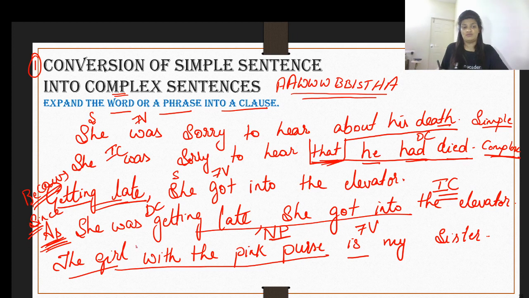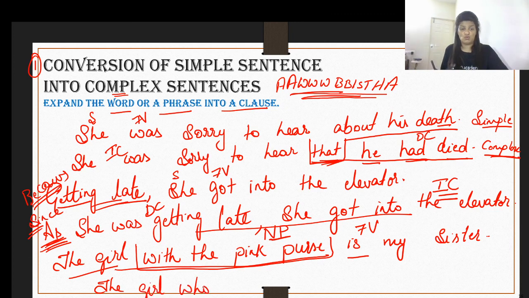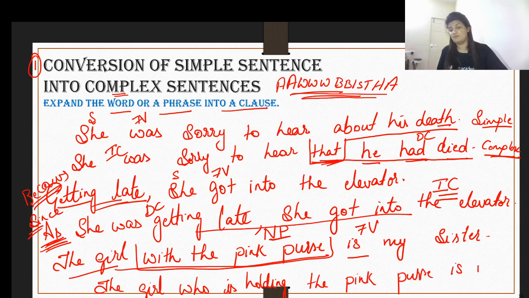So you are going to convert this phrase now, with the pink purse, into a clause by introducing any one of these conjunctions. How can you do that? Well, let me tell you. All you have to do is: the girl who is holding the pink purse is my sister.